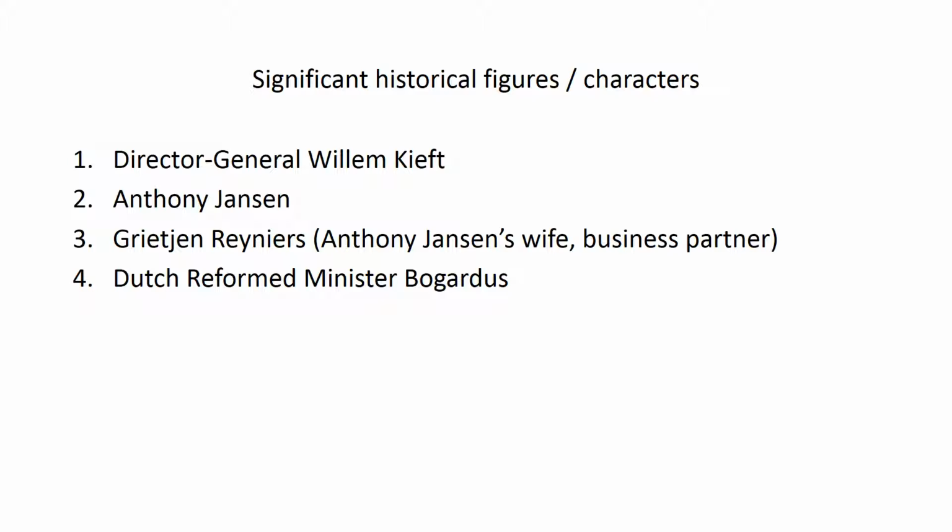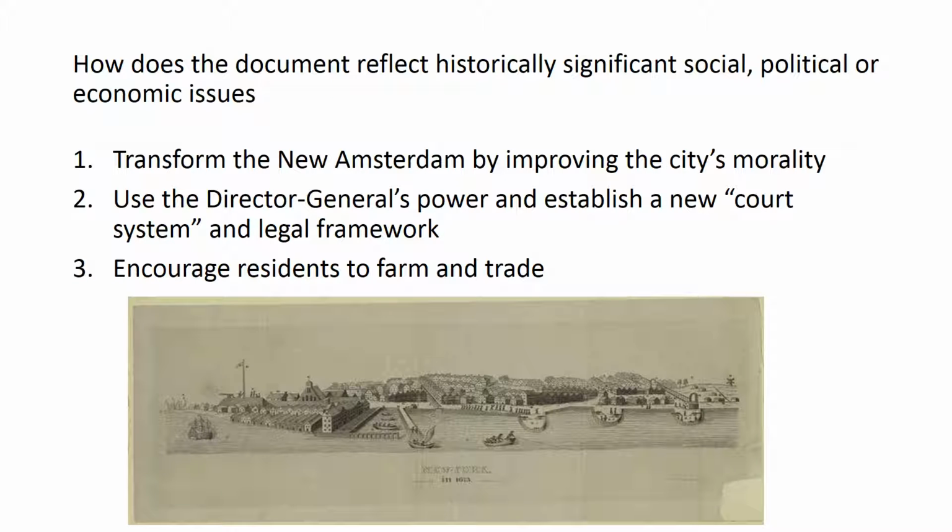And they see these two characters, Jansen and Reniers, as standing in the way of establishing a more orderly and more prosperous city, the type of city that people would want to come to and settle in permanently.